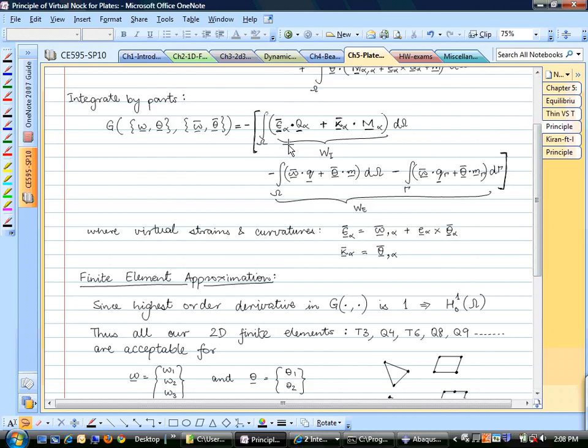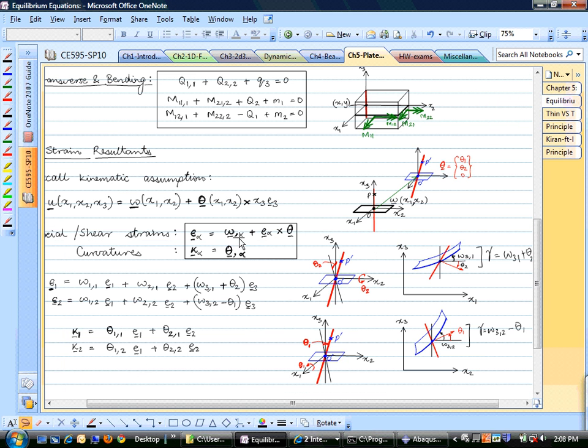Another thing to note here is that when you are dealing with thick plates, the highest order derivative in this weak form is 1. In this E alpha, if you go back and take a look at all these strain resultants, E alpha and curvatures kappa alpha, they have derivatives with respect to alpha. Only one derivative, W comma alpha, theta comma alpha.